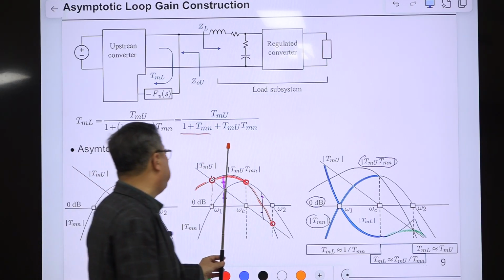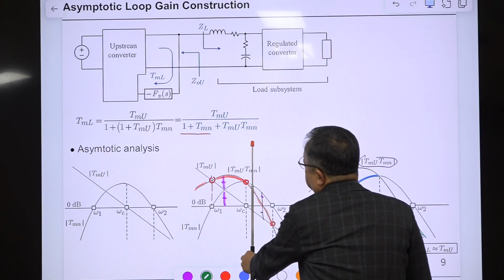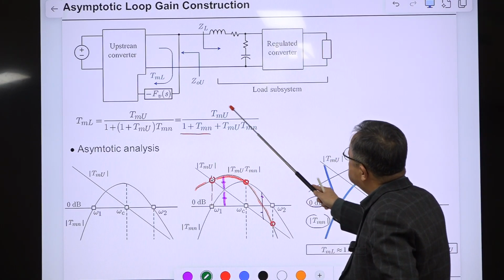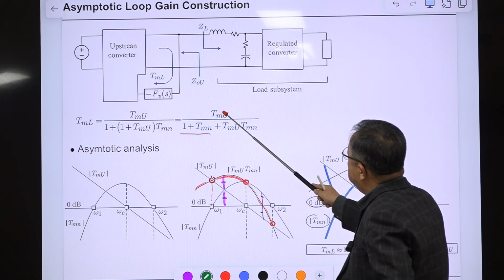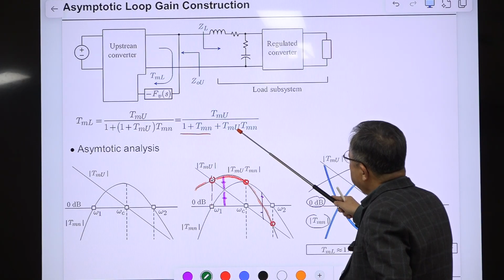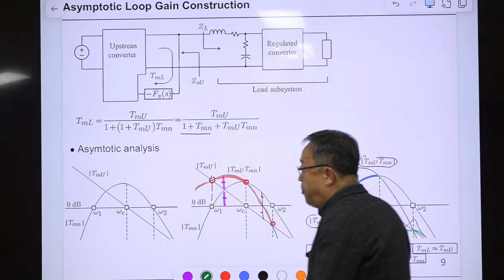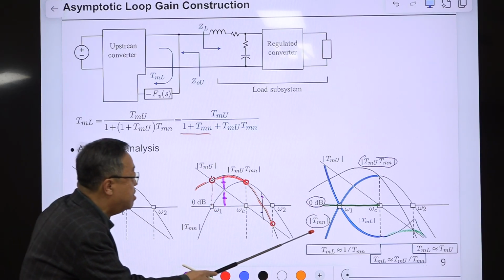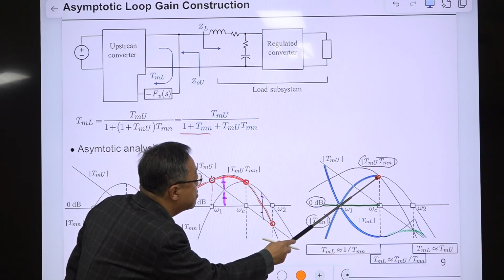So at this frequency, we are thinking about this, okay? This remains the same. TMU is the TMN, so we are adding this one. So we are comparing this line, comparing the 0 dB line, and with TMN is this one, okay?